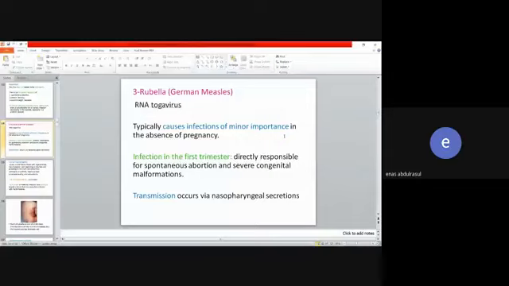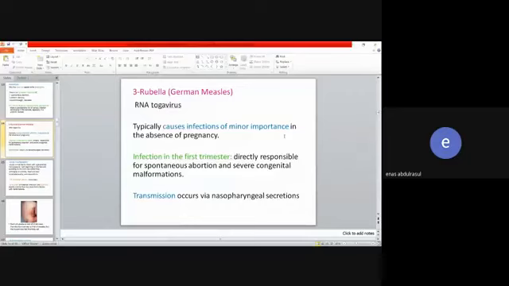Meaning infection in adults will be mild. However, if this infection is acquired during the first trimester, this will be directly responsible for spontaneous abortion and severe congenital malformations. In fact, rubella is one of the most teratogenic agents affecting the fetus.